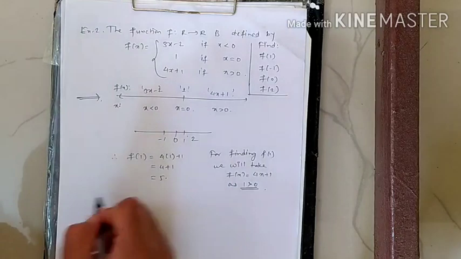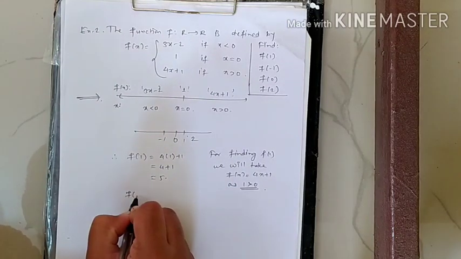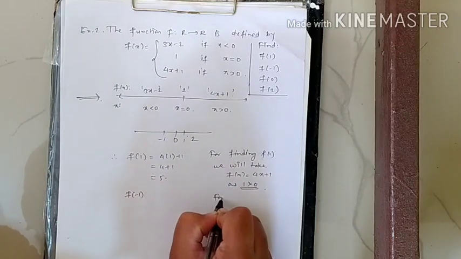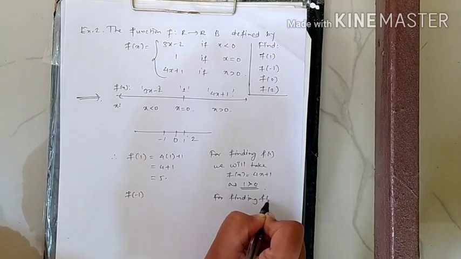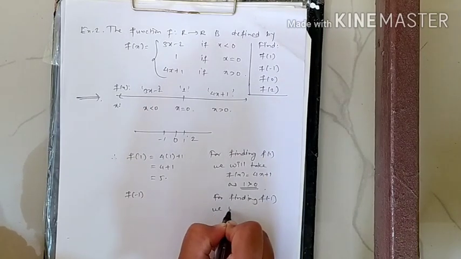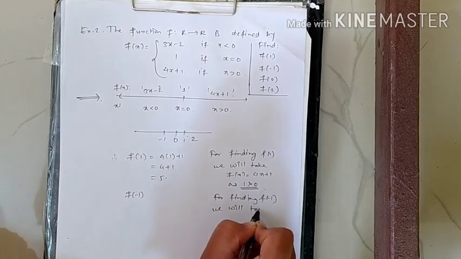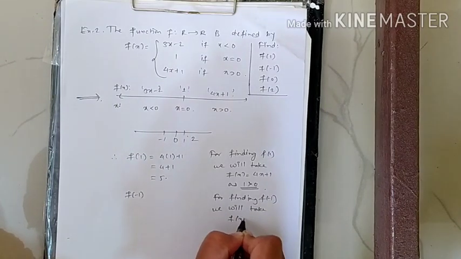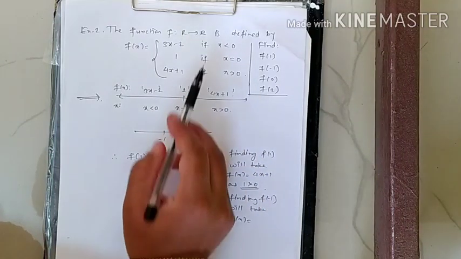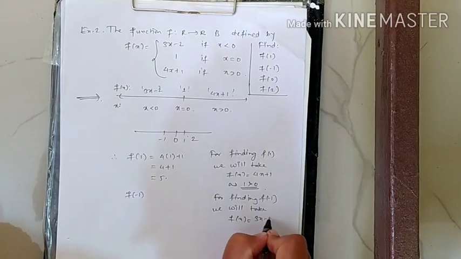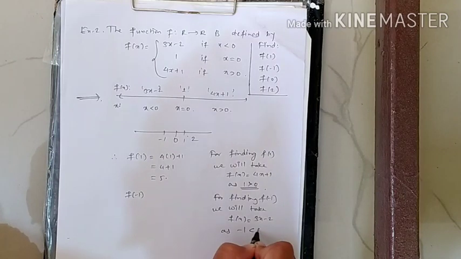Now f of minus 1. For finding f of minus 1 we will take f of x is equals to what? Minus 1 is less than 0. So we will take 3x minus 2 as minus 1 less than 0.